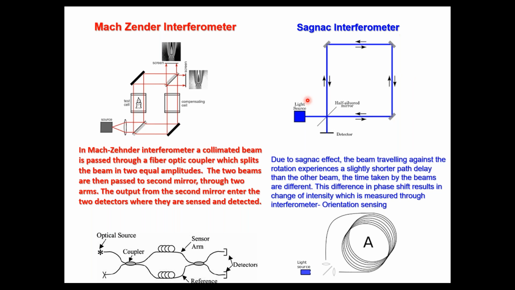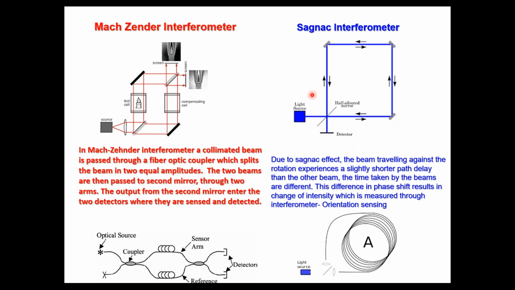The entire setup is rotated in one of the directions, so that there will be a time difference for the light to reach the detector in the clockwise and anti-clockwise directions. From that time difference, you can translate into a phase difference, and that will be used for sensing.